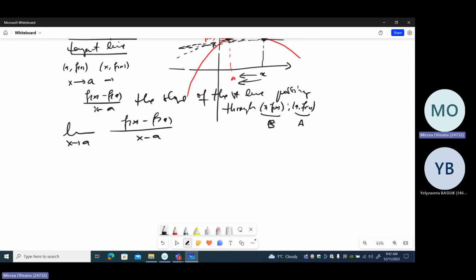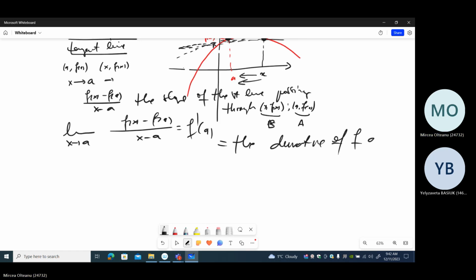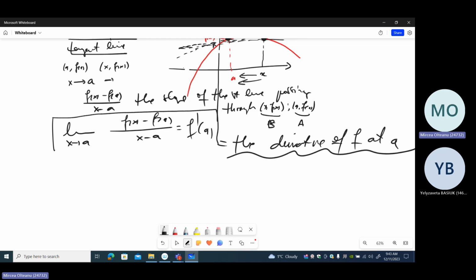We suppose that this limit exists and it's a number, and we denote it by f prime of a, and it is called the derivative of f at a. Its definition is this limit. It's not an elementary definition, it's a limit, but anyway, it's not very complicated.